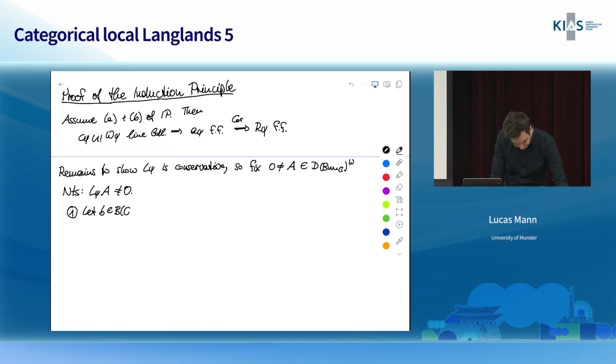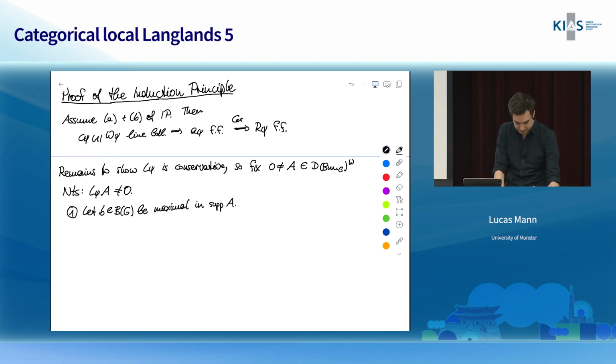I fix some point B. Let's say maximal. It's always a bit confusing what your ordering is. But so one that does not specialize further in the support of A.